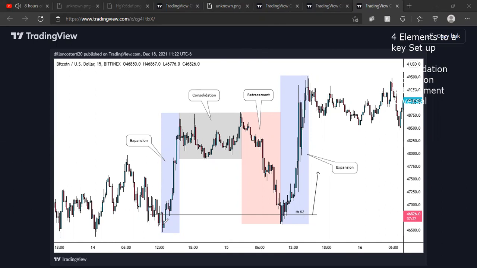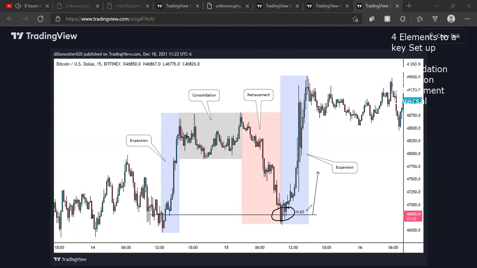It will get easier over time. So look right here. We have an expansion here, consolidation, and then from where price had left off, we have a demand zone where price needs to retrace back from. What can we take from this after price retraces back into that demand zone?